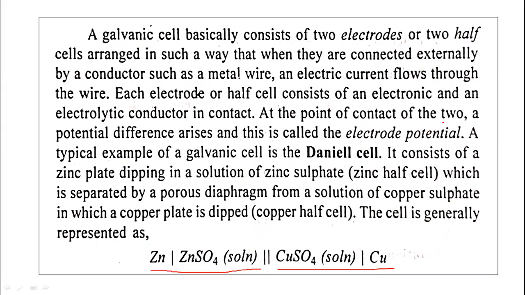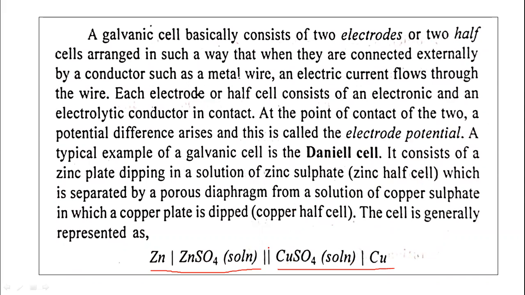So once again, see what a Daniell cell is. It consists of a zinc plate dipping in a solution of zinc sulfate, as we have shown in the diagram, so that is a zinc half cell. Then the copper electrode or copper plate is dipped in the solution of copper sulfate, that is a copper half cell. And the cell is represented in this way. This is the zinc half cell and this is the copper half cell.